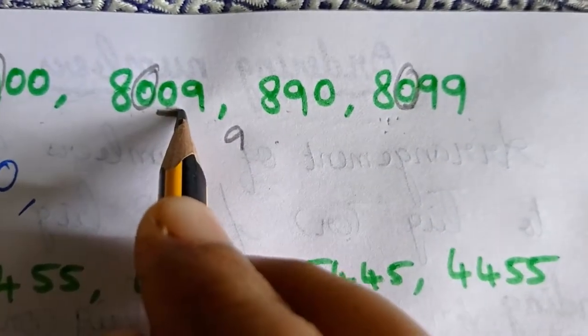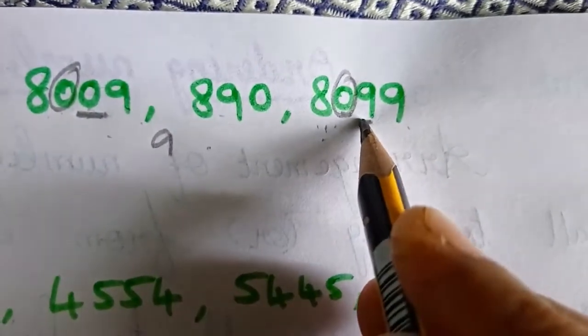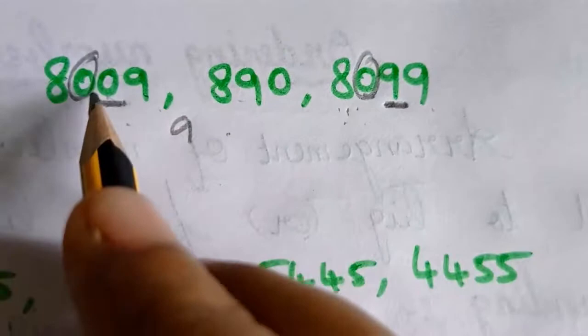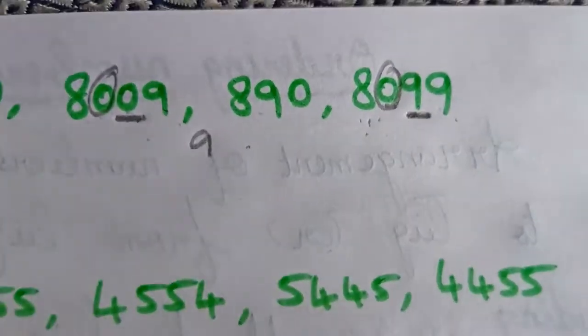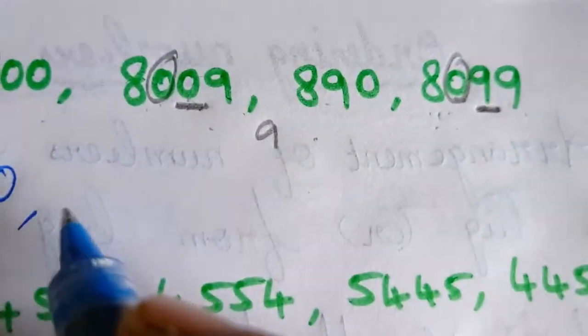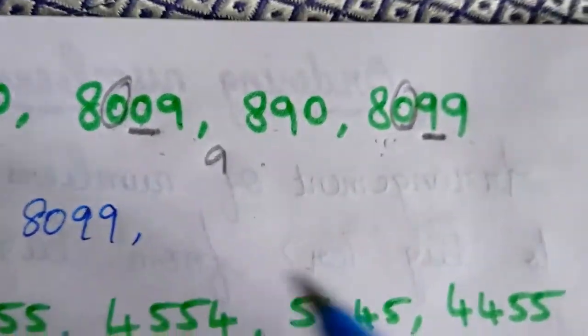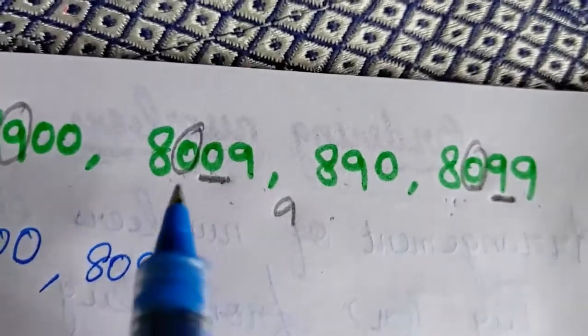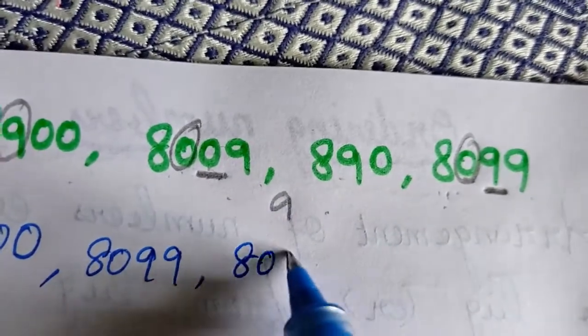The first number's tens place value is 0 and the second number's tens place value is 9. Which is greater, 0 or 9? 9. Okay? So this number is the next greater number, 8099. Okay. So the remaining 4 digit value is this one, so you can write this one.